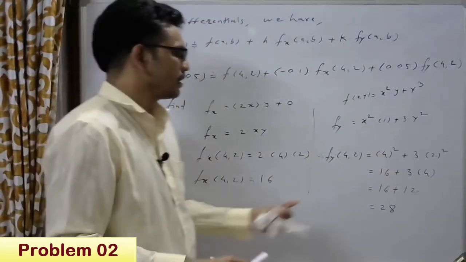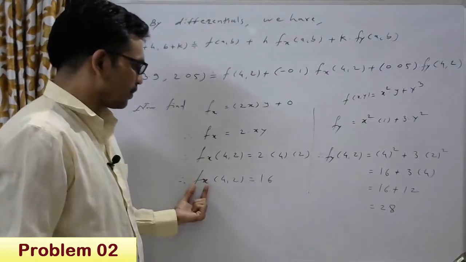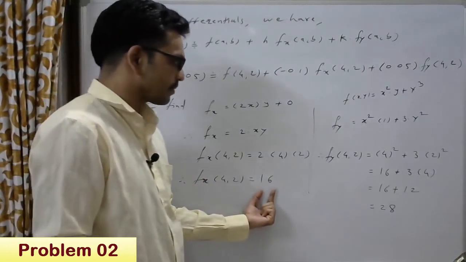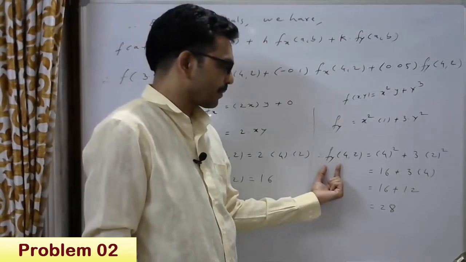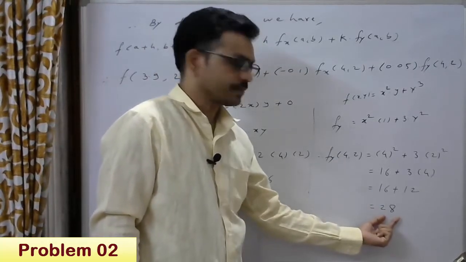Therefore, the partial derivative of f with respect to x at the point (4, 2) has the value 16, and the partial derivative of f with respect to y at the point (4, 2) has the value 28.